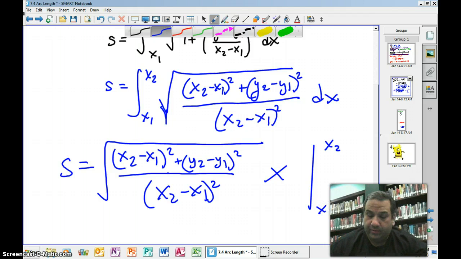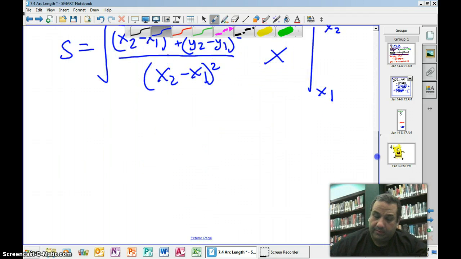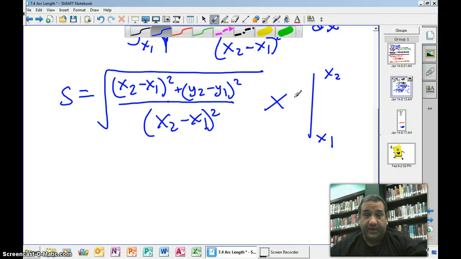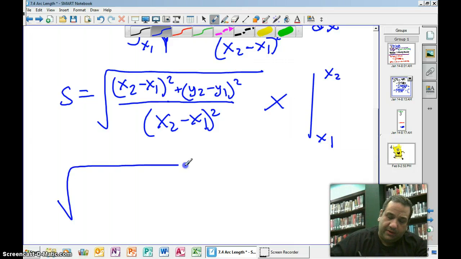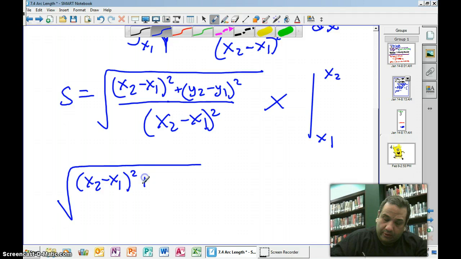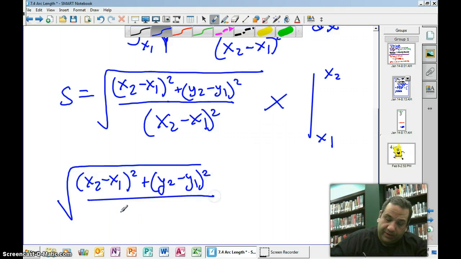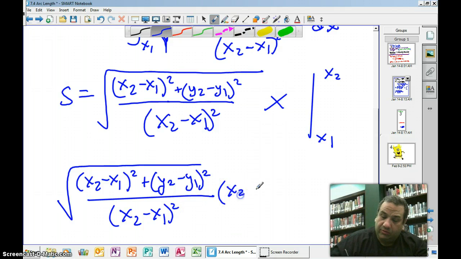So now I'm going to replace this and use the fundamental theorem of calculus. So it's going to be this: x2 minus x1 squared plus y2 minus y1 quantity squared all over the same thing. And then times x2 minus x1.